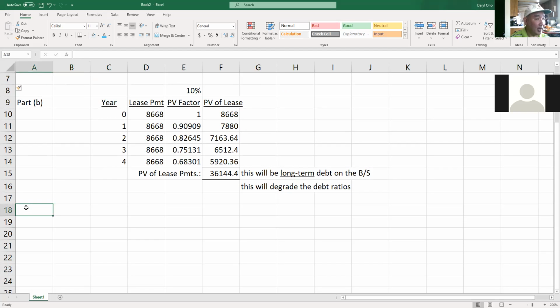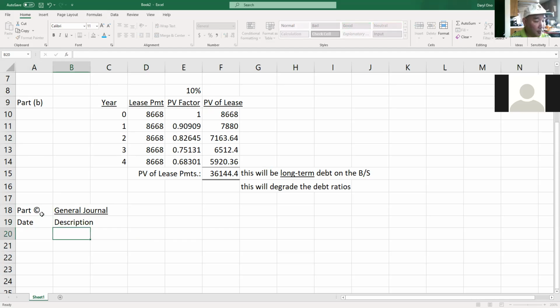So we have to set up a general journal. We have the date, the description, debit, credit.